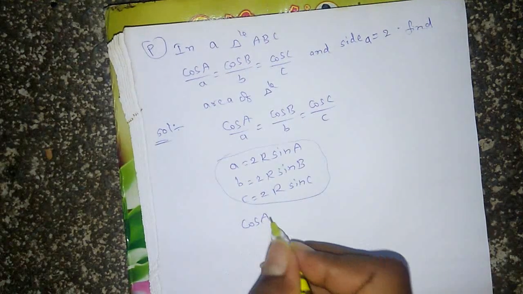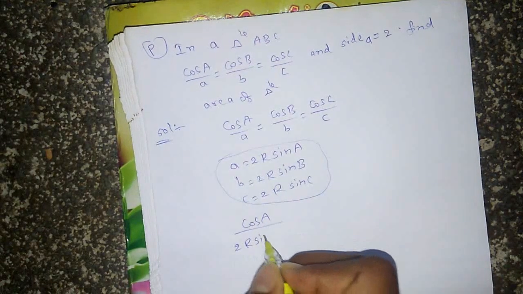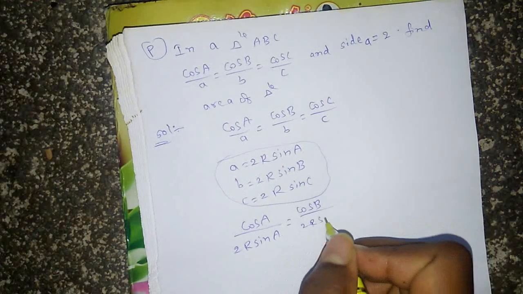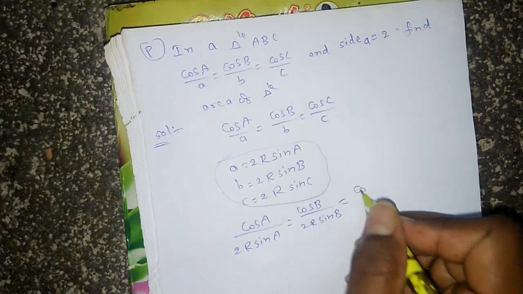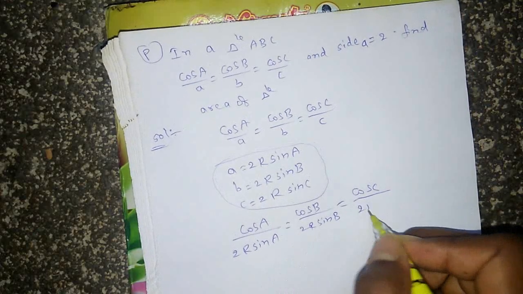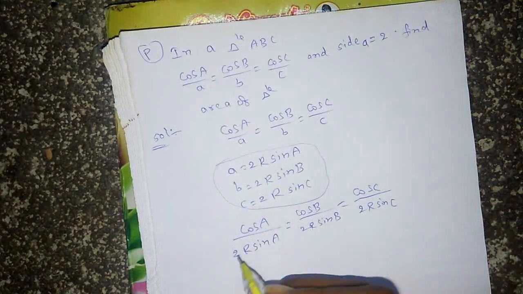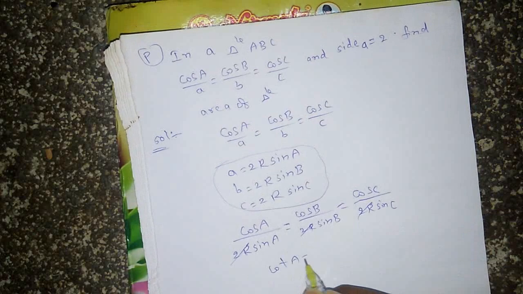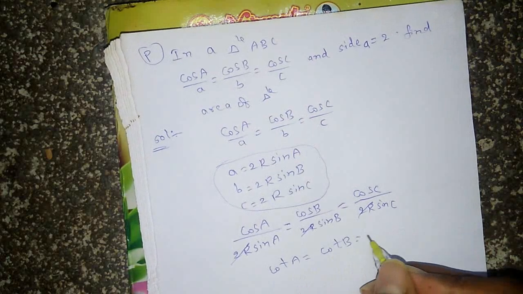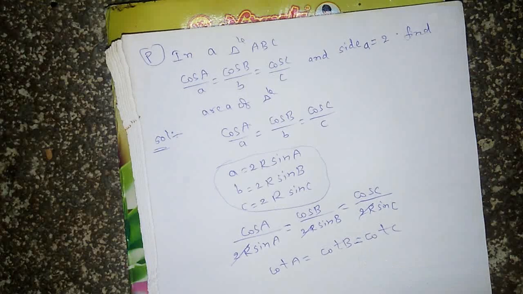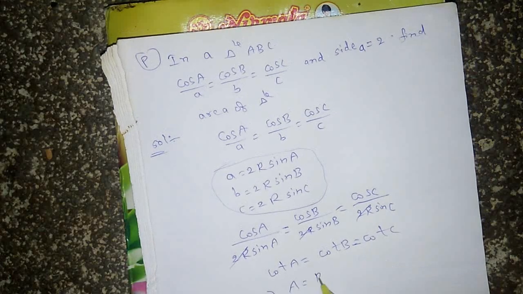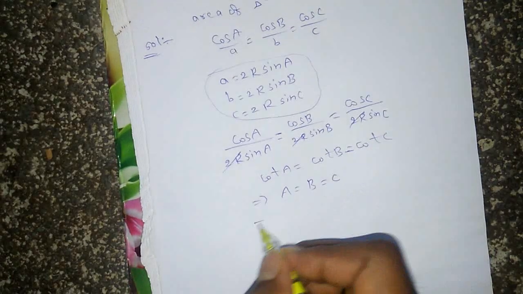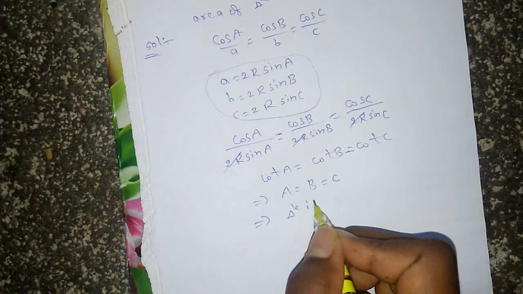It will be cos A by 2r sin A is equal to cos B by 2r sin B is equal to cos C by 2r sin C. Here ratios, so you can cancel 2r here. Therefore cot A is equal to cot B is equal to cot C. So this is possible only when angle A is equal to B is equal to C. All three angles are equal, implies the triangle is an equilateral triangle.